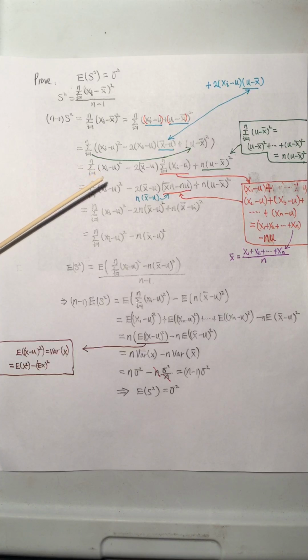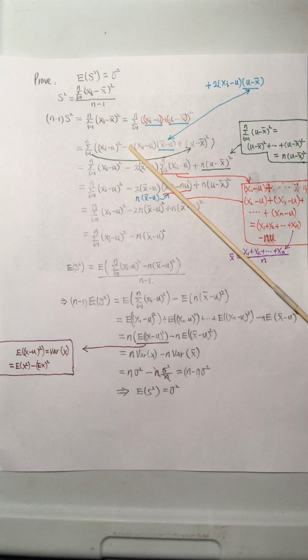Now, first of all, when we multiply this term by this term, we could switch the order, which gives you mu minus x bar, and we take the minus sign out over to here.